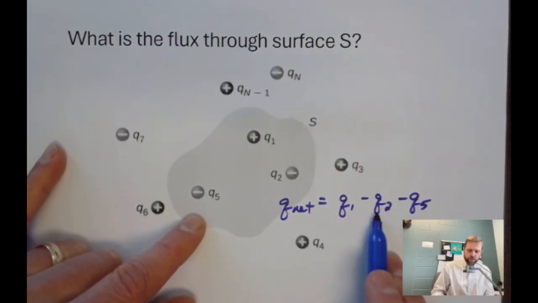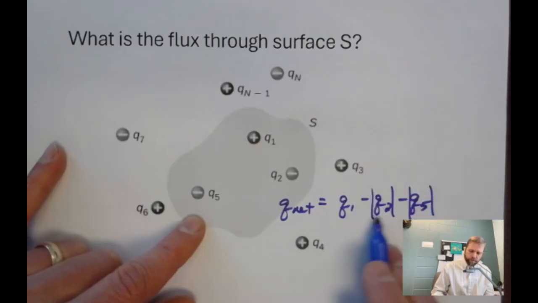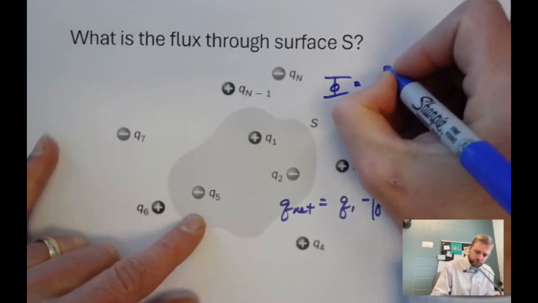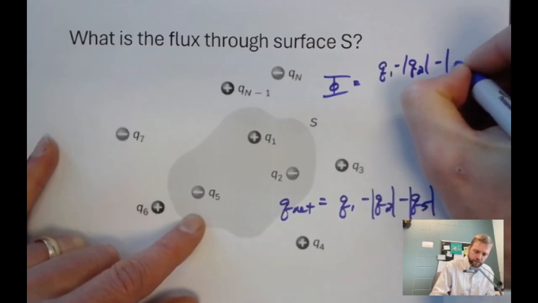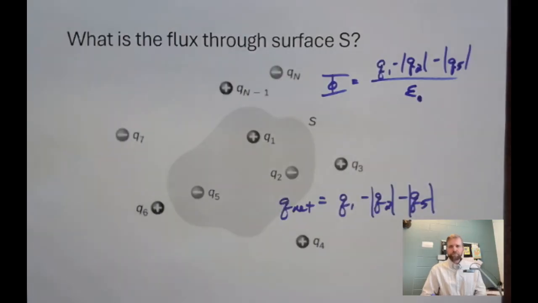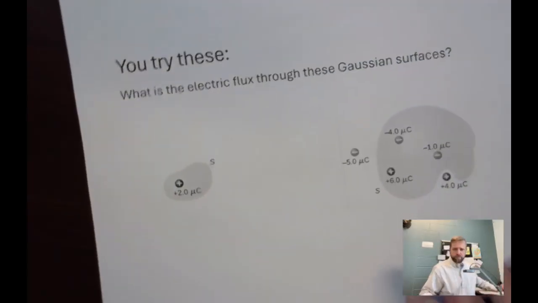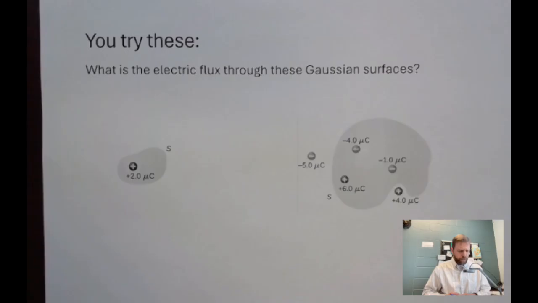Those are just magnitudes, but I'm including the signs, negatives. So the flux is equal to Q1 minus Q2 minus Q5 over epsilon naught. All right, so why don't you try these right here. Got two examples. You guys hit pause and try these.